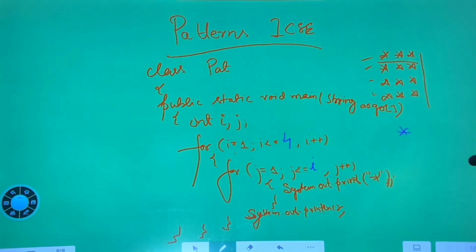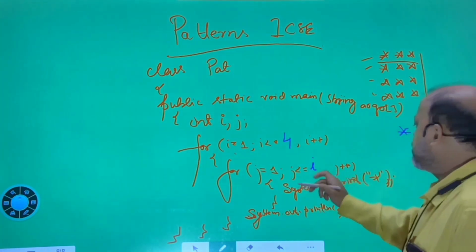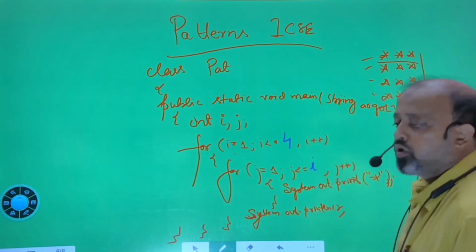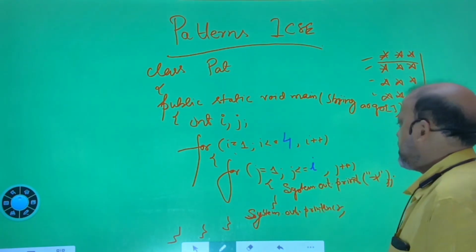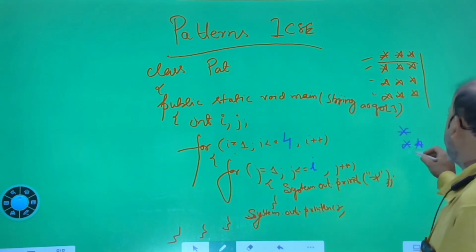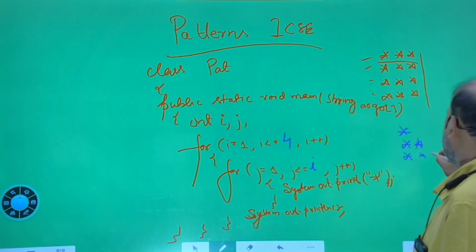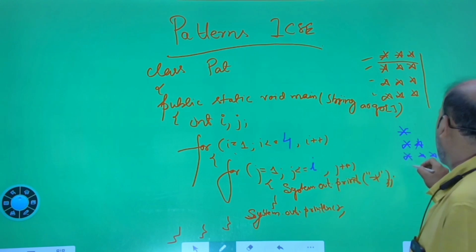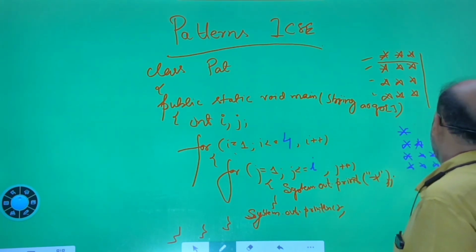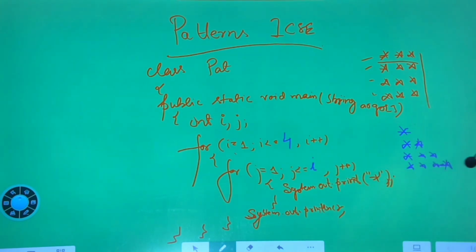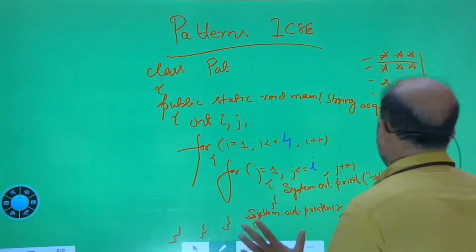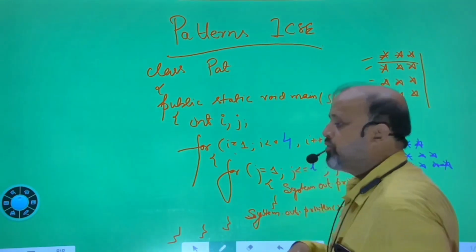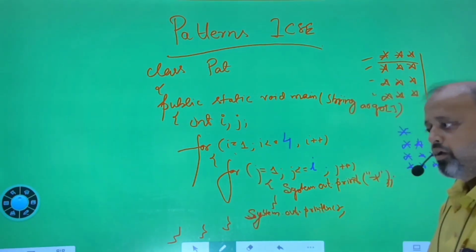Why will you get 1 star? Because i is 1. Line change. When i becomes 2, second time you will get 2 stars because i is 2. Again when i becomes 3, 3 stars. When i becomes 4, you will get 4 stars. Okay? I hope you are clear till this much, then we can proceed. Right?